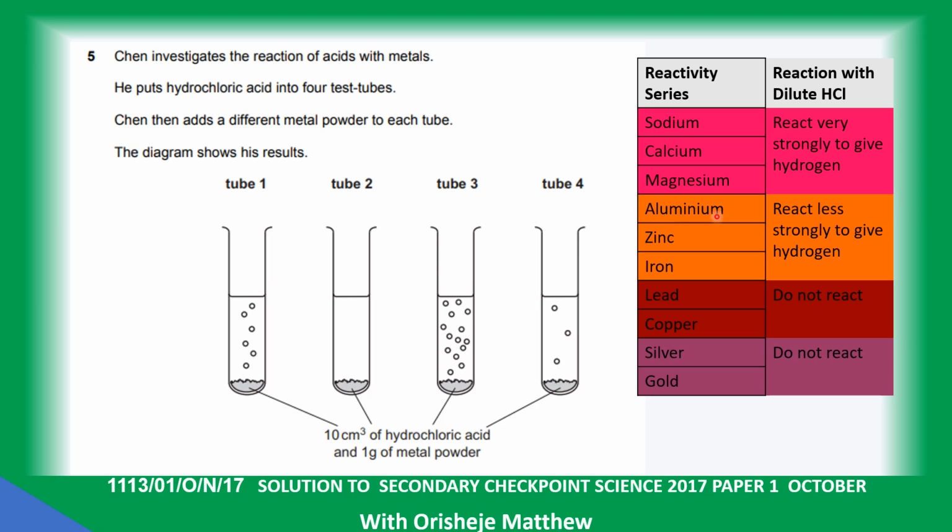Aluminium, zinc and iron react less strongly to give hydrogen. Lead and copper do not react with hydrochloric acid. Silver and gold do not react. So that will help us to answer this question.